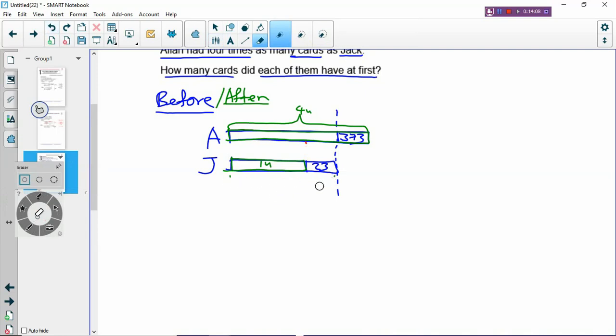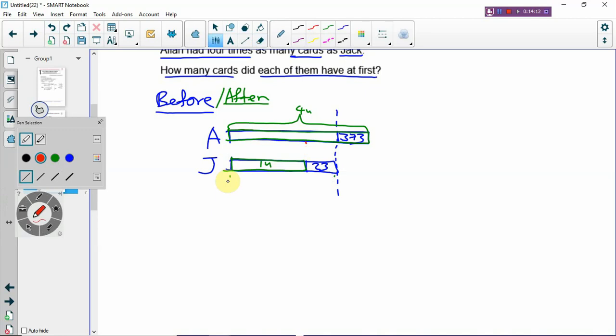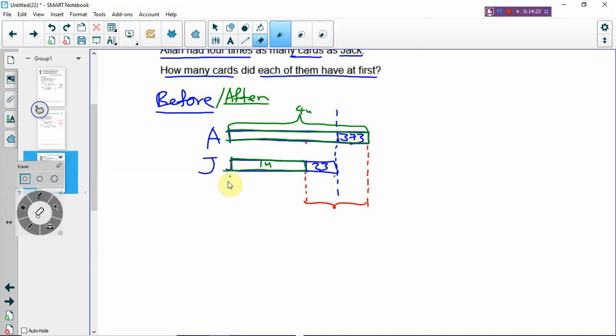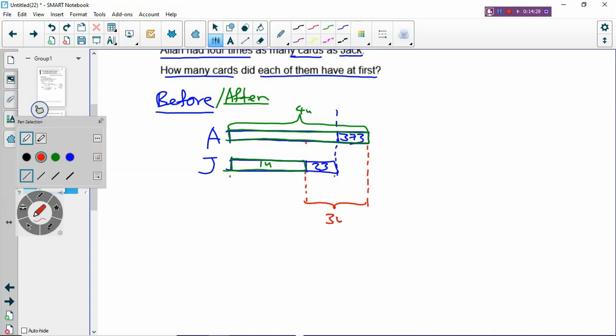I want you to look at how I use the model to solve. If you notice carefully, can you see the red dotted lines? What's the difference between 4 units and 1 unit? You take 4 units minus 1 unit, you get a difference of 3 units.